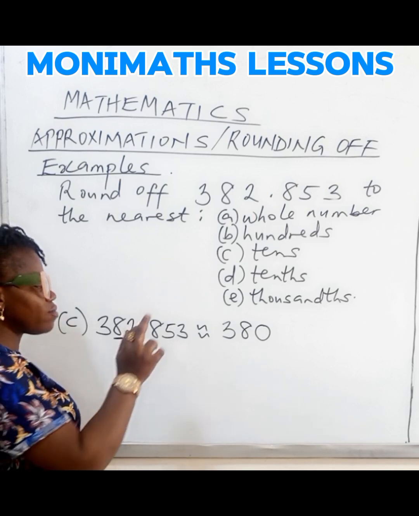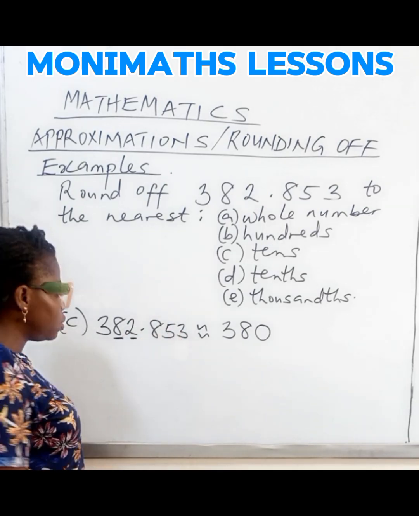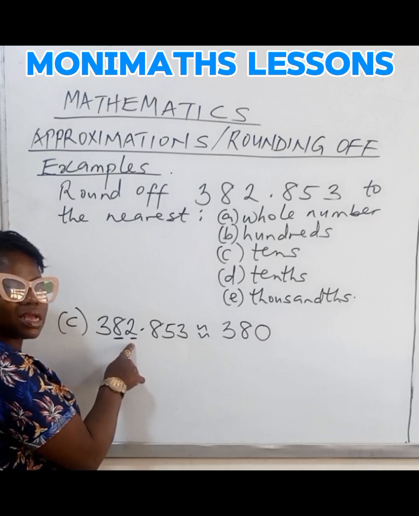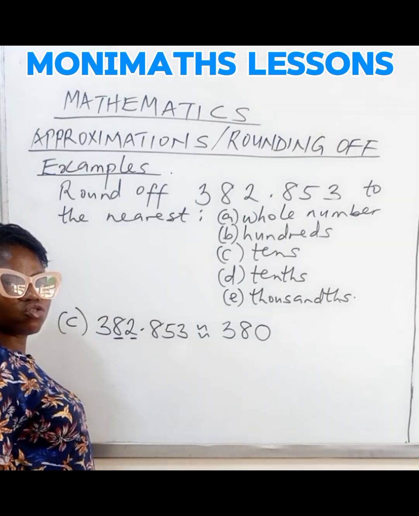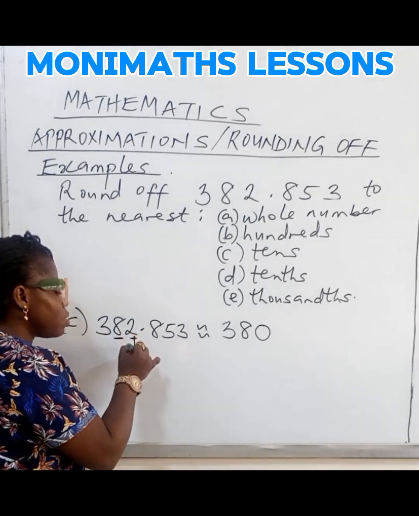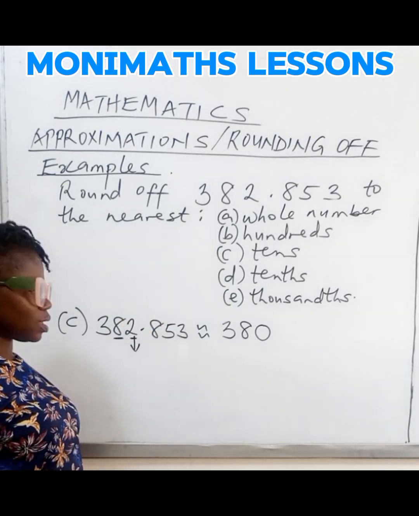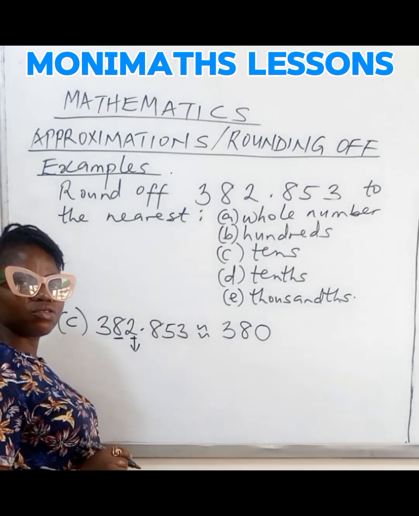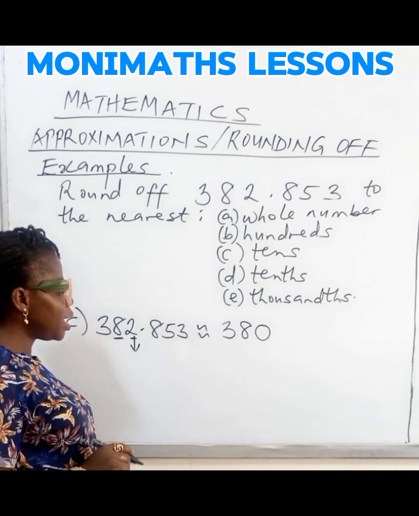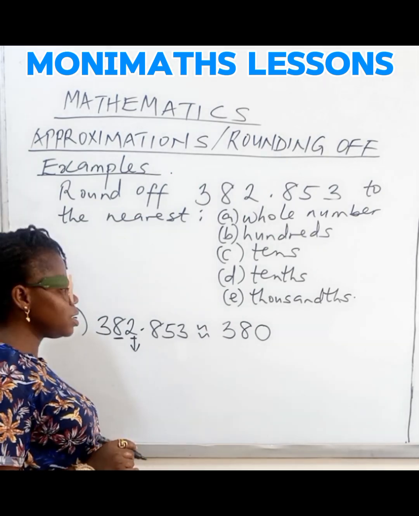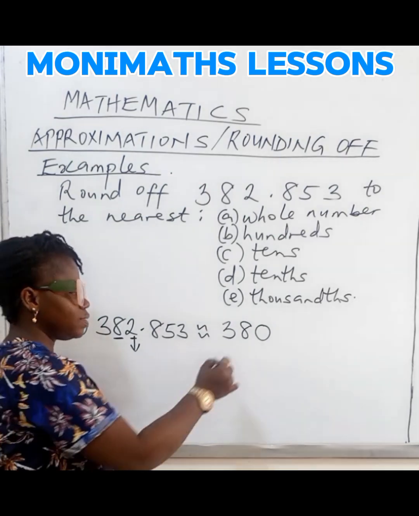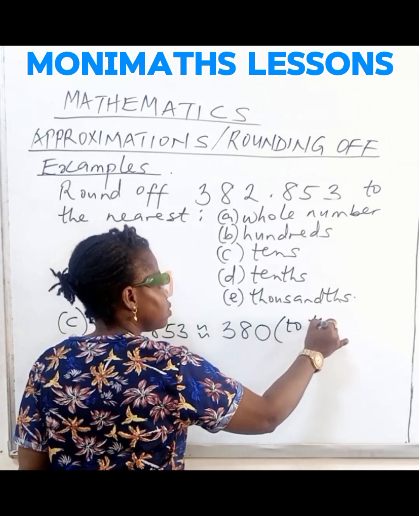So it's not going to have any effect on the answer. In this case, the digit immediately after 8 is 2. So this will be rounded down. It won't have any effect on that answer. That means 382.853 is approximately equal to 380 to the nearest tens.